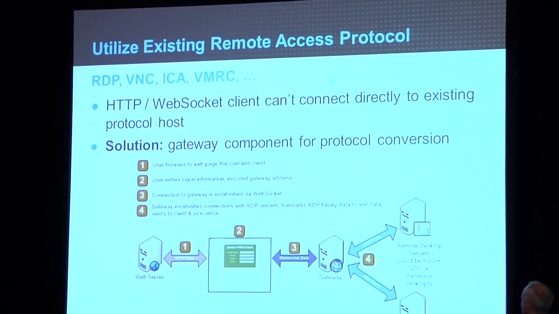And this translation layer then, in this example, translates it to RDP, which can go either to a terminal server or to a VDI type desktop. You have to do this translation because you just can't connect to these hosts using WebSockets directly, since this is not a protocol that provides you with total binary freedom in the way that you package the packets, as it were.